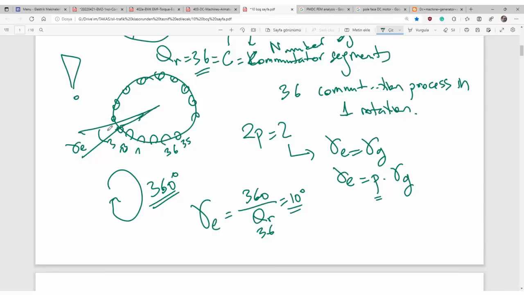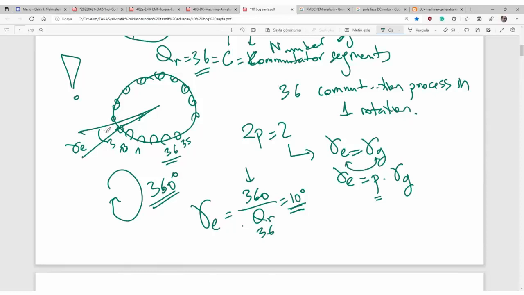The whole turn was 360, and then there were 36 slots. The angle between those two slots is 10 degrees geometrically, and it is also equal to the electrical angle between those two slots.